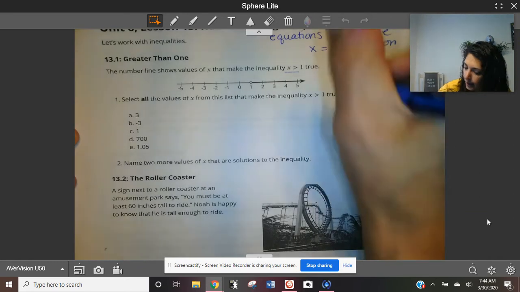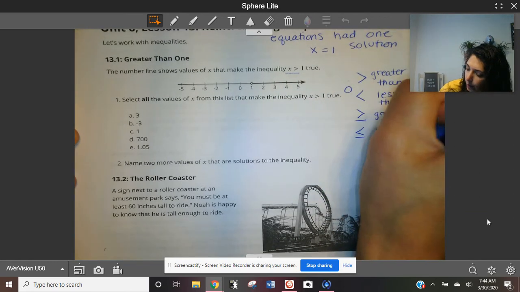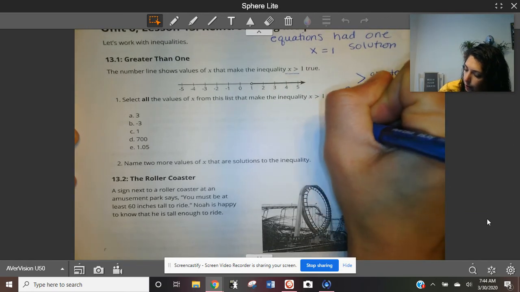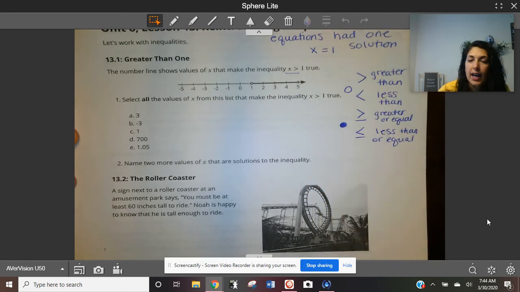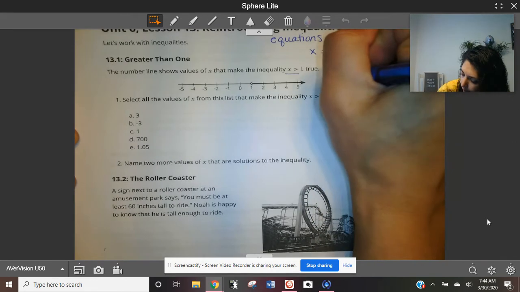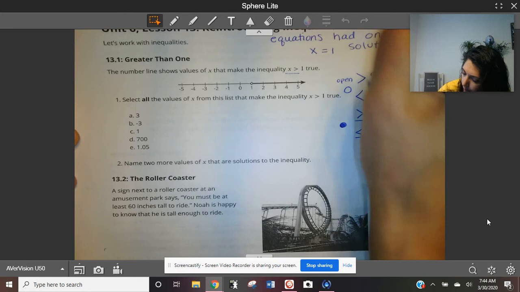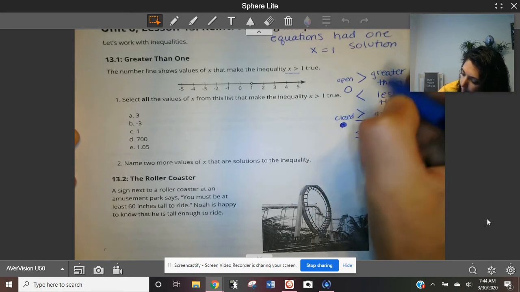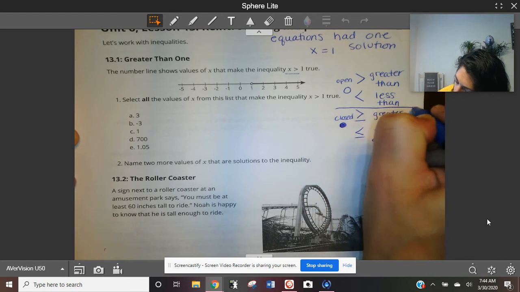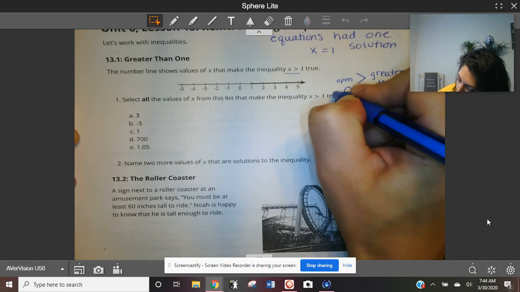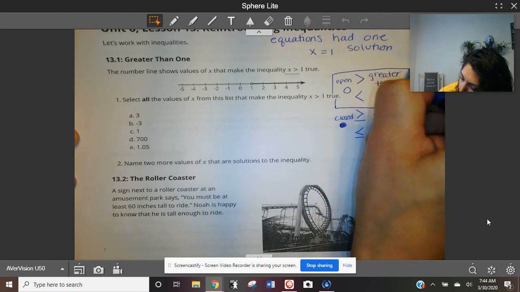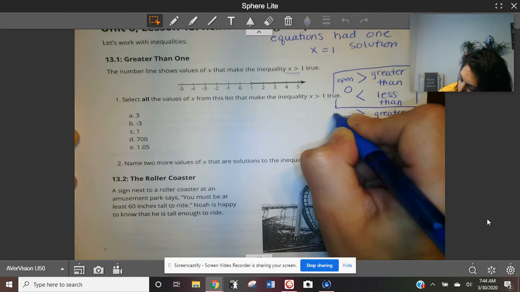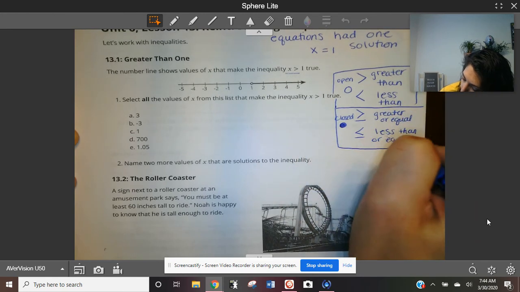And if you have greater than or equal to or less than or equal to, that's going to be a closed circle. So we'll have open and closed, and basically that means included or not included. I'll make a little table for you guys. Again, we're just getting started with this, so bear with me.